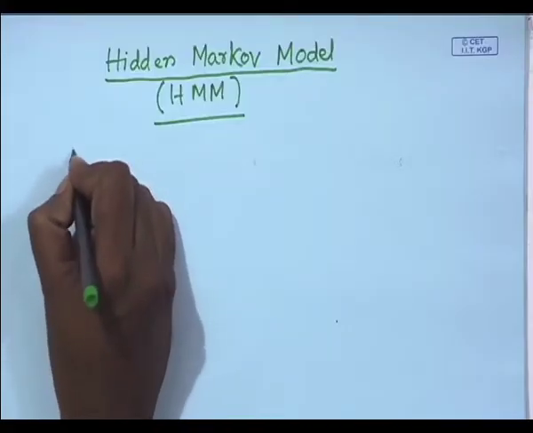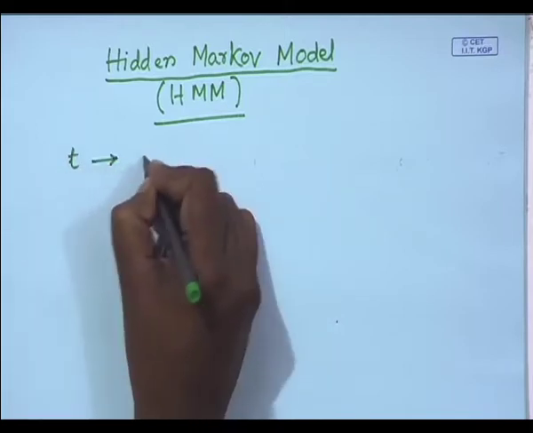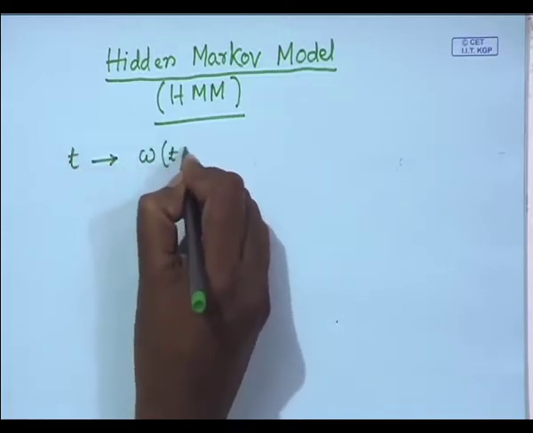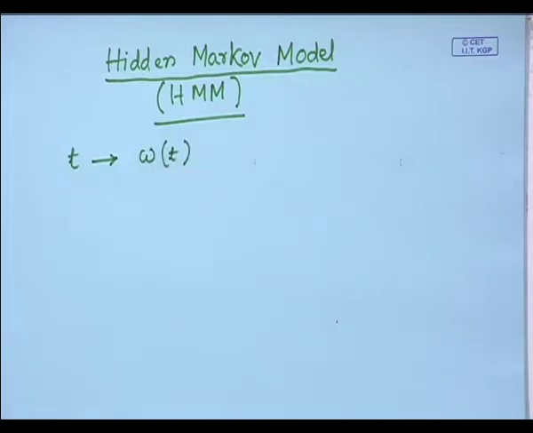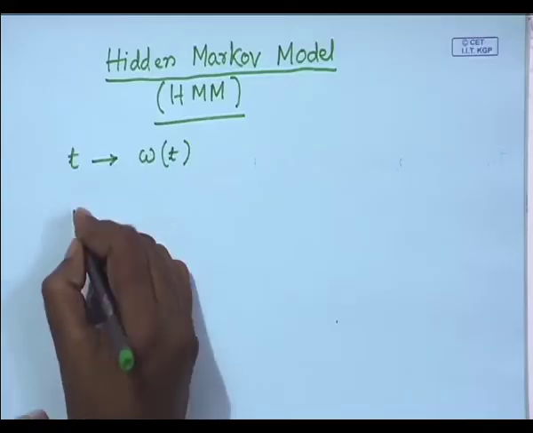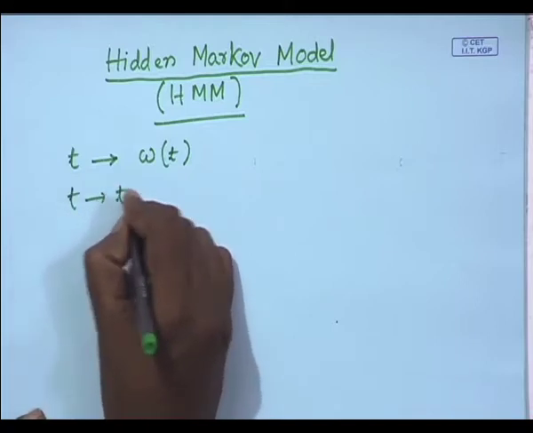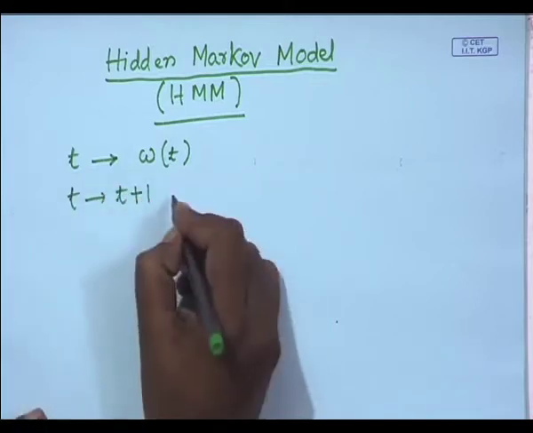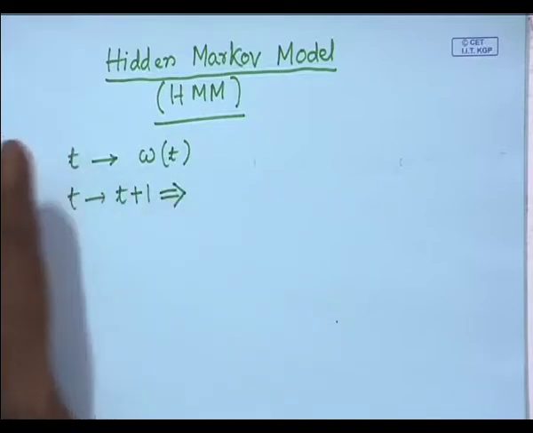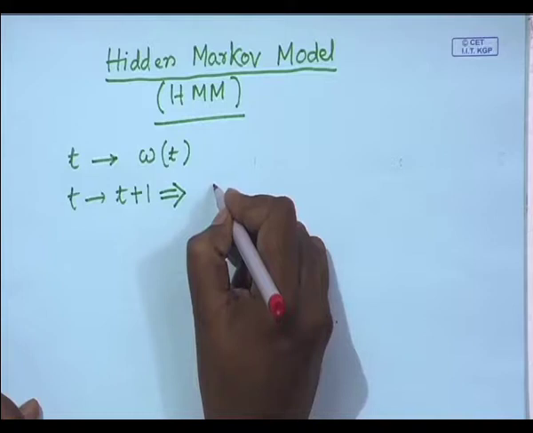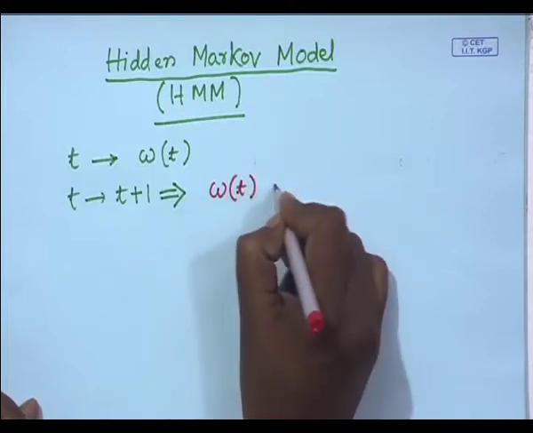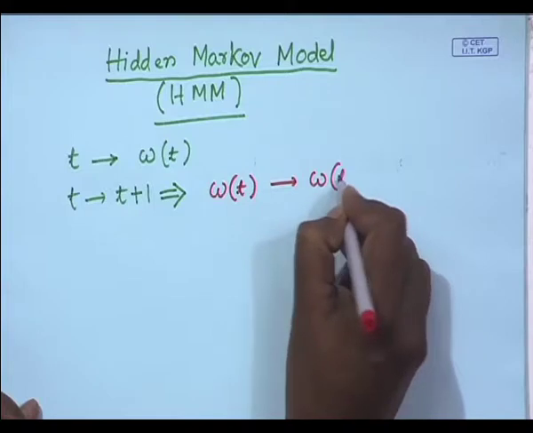So, suppose at time instant t the machine is in state omega t, and as the machine makes a transition from time instant t to time instant t plus 1, the HMM makes a transition from state omega t to state omega t plus 1.